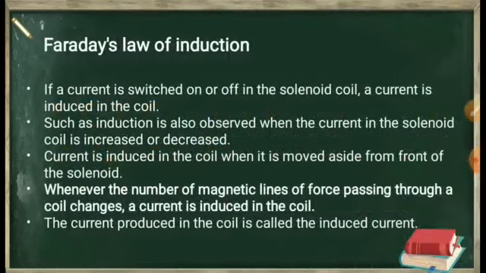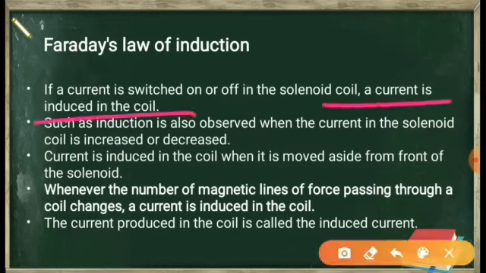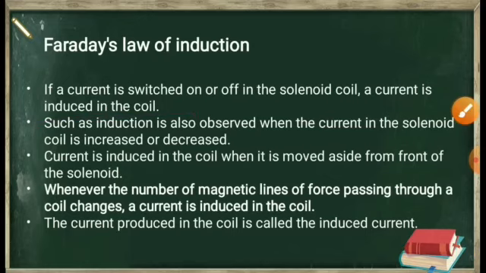So from this you get to know about Faraday's law of induction. What it tells us is, if a current is switched on or off in the solenoid coil, a current is induced in a coil. This you have seen in the experiment. Such induction is also observed when the current in the solenoid coil is increased or decreased.